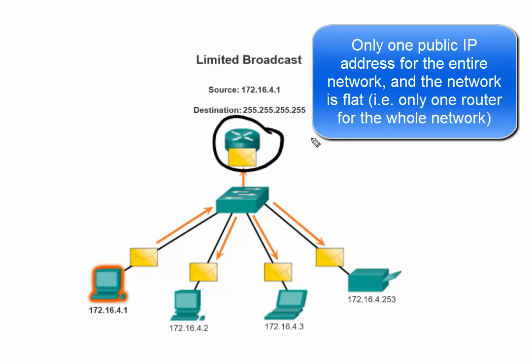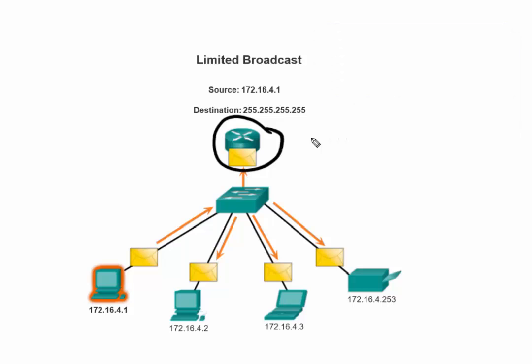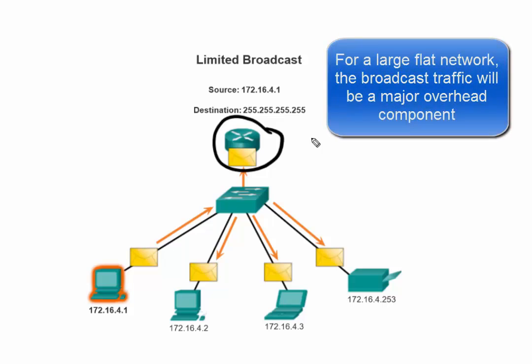The problem with that flat design is the fact that for the case of broadcast traffic, all the traffic is actually circulating amongst the network, creating significant overhead that can slow down your traffic in the network.